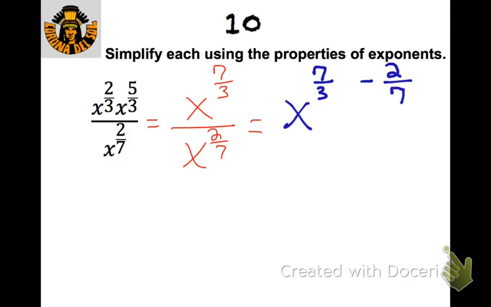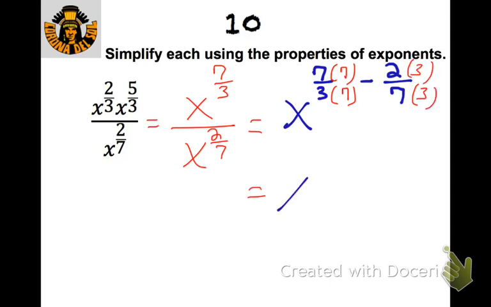2/7. And the only way to combine those is if we have a common denominator. So since it's 3 and 7 on the bottom, we need to go for a 21, because that's the smallest number that they both go into. So we're going to multiply this one top and bottom by 7, and this one top and bottom by 3.